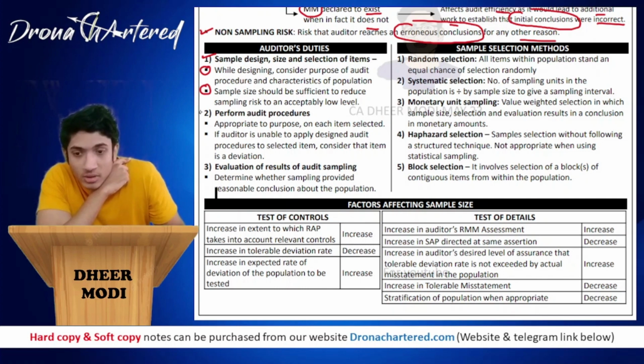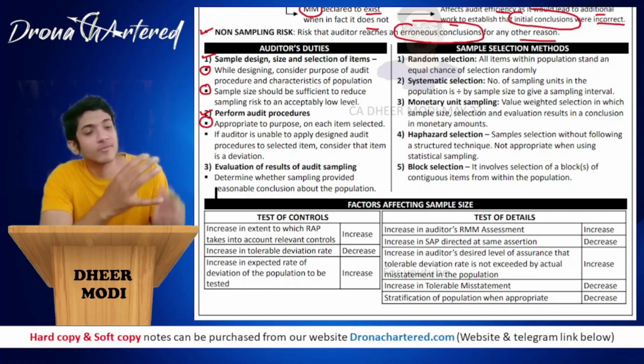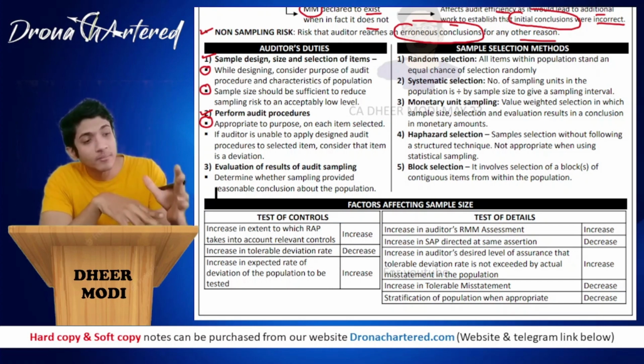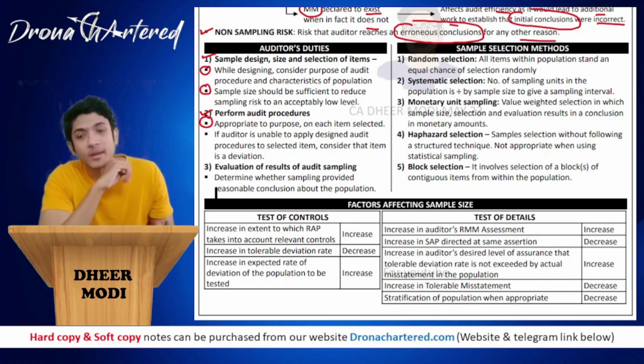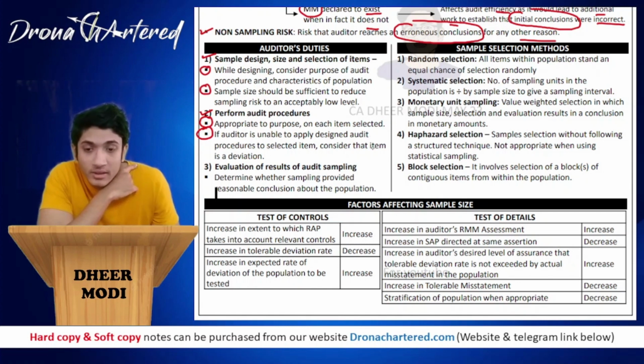Then next is with regards to performing audit procedures. So your audit procedure should be appropriate to the purpose on each item selected. That is, for whatever reason you have selected that sample, you should apply your audit procedures as per the sample you have selected. Second, if the auditor is unable to apply designed audit procedures to selected items, consider that item as a deviation.